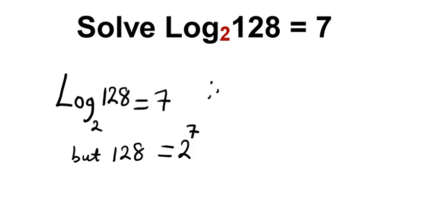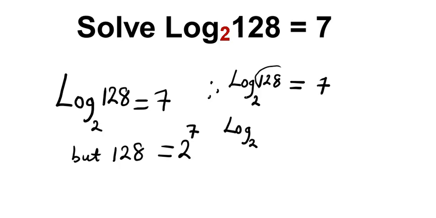Therefore, log to base 2 of 128, we are going to replace 128 with 2 raised to power 7. So we have log to base 2 of 2 raised to power 7 is equal to 7. Then based on our logarithm law, 7 is going to multiply the whole log.